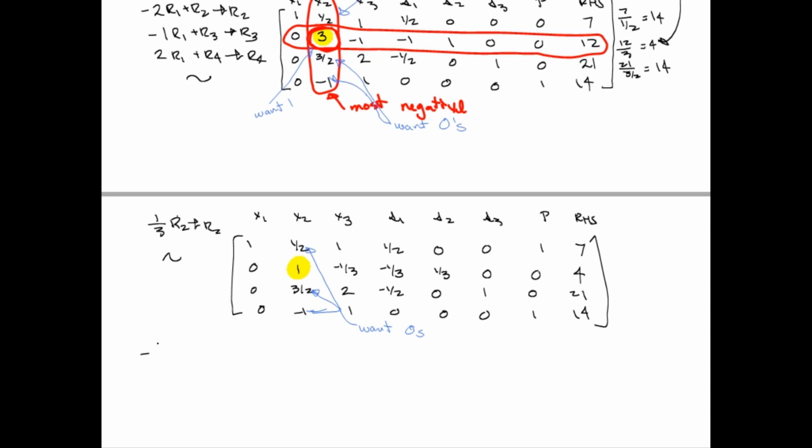So I'm going to do -1/2 times that row with the leading 1 plus the first row. And then I'm going to do -3/2 times that row with the leading 1 plus the third row. Fourth row, I'm going to take the opposite of that number, so +1, row 2, plus that row 4 into row 4.